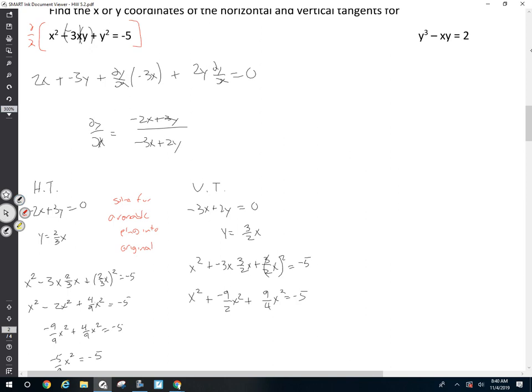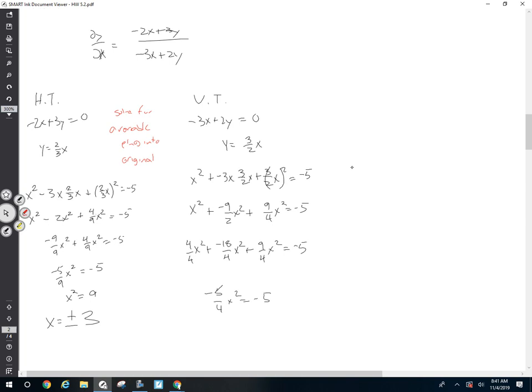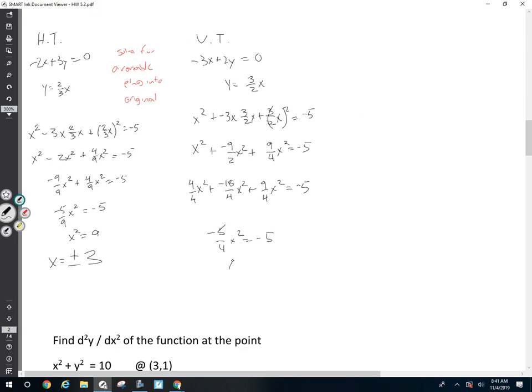I don't know if this is going to work out as nice. Let's just change it to fourths: 4/4, negative 18/4, 9/4. That's negative 9, 8, 7, 6, 5. Yep, negative 5/4 x squared. We'll get x squared is equal to 4. X will equal plus or minus 2.